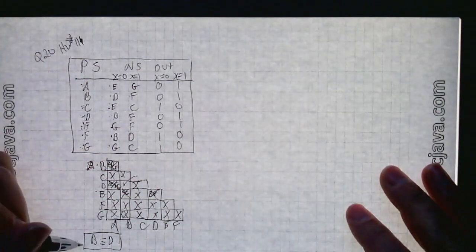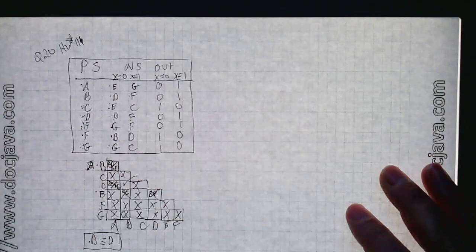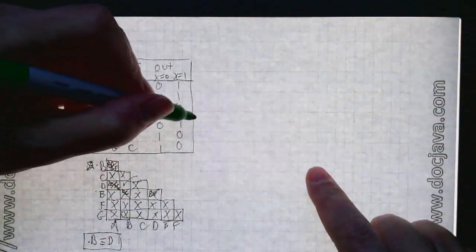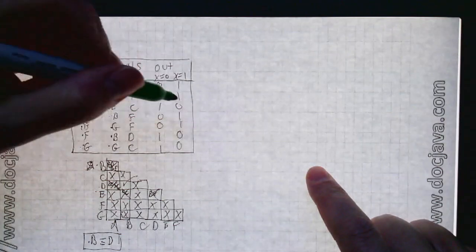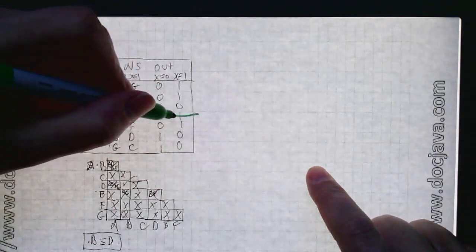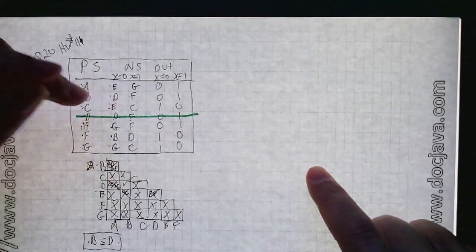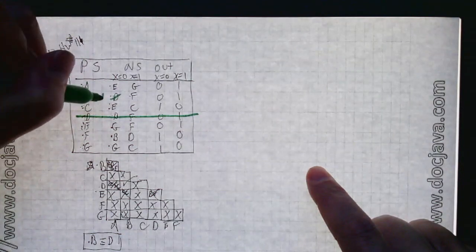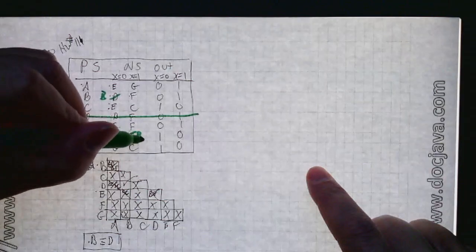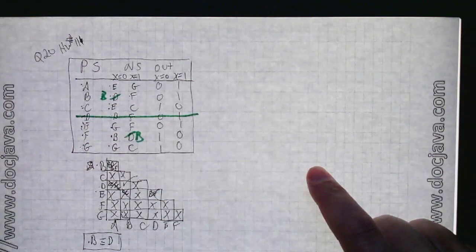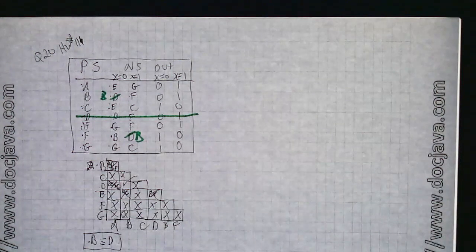So yeah, this is our minimization. Let's take a look and see what we can do about that. If D is equal to B, then I can remove D, and everywhere I see a D, I can write B. And that is our reduced finite state machine diagram.